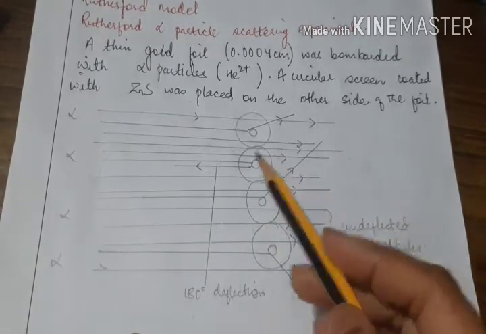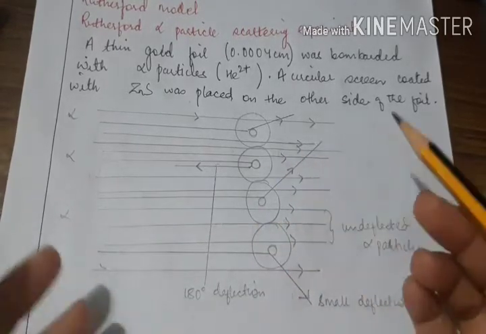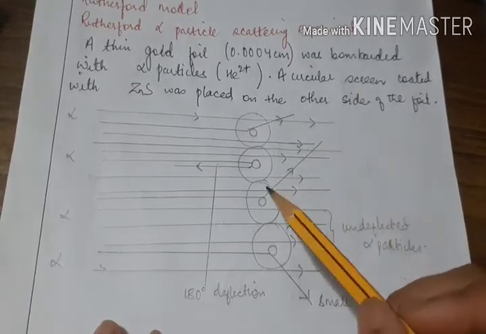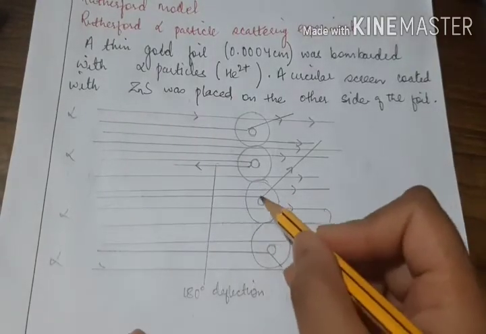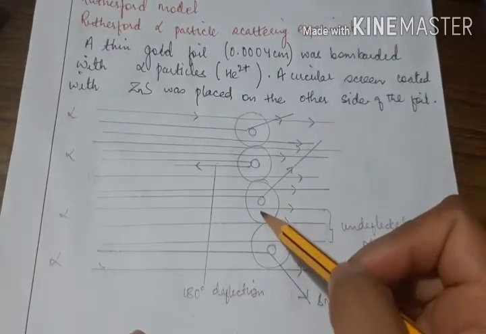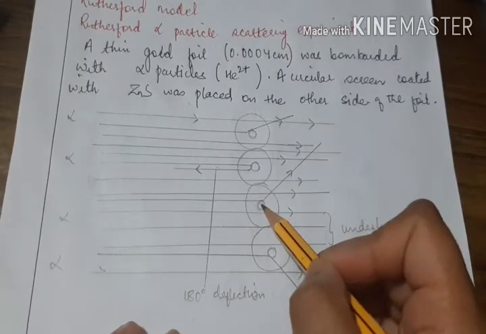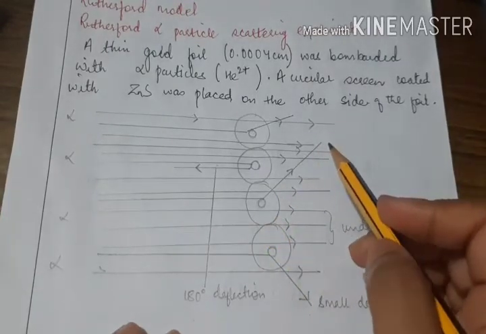He also saw that the number of alpha particles which got deflected was very small. So he concluded that all the positively charged particles were concentrated in a very small space in an atom. That is why only very few alpha particles got deflected.